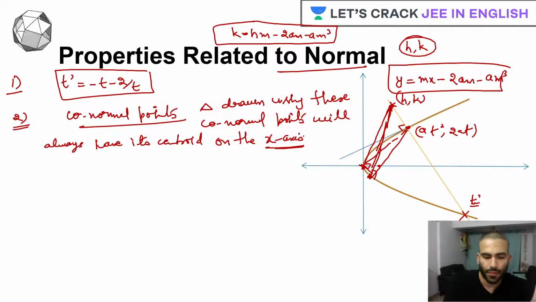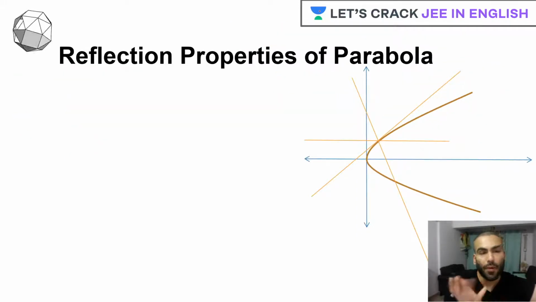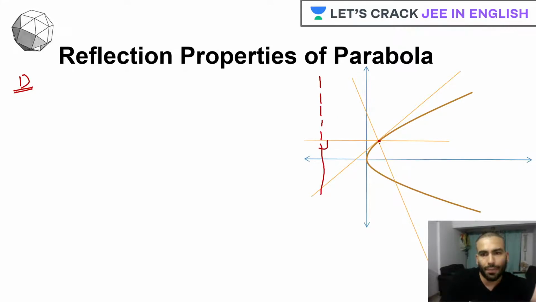Let's talk about properties related to the shape of the parabola. One property is, if you draw a tangent at any point, and from that point you drop a perpendicular on the directrix, and from that same point you draw a focal chord, then this tangent will be an angle bisector to the angle made by the focal chord and the perpendicular drawn to the directrix. This angle will be equal to this angle. How will I write it?